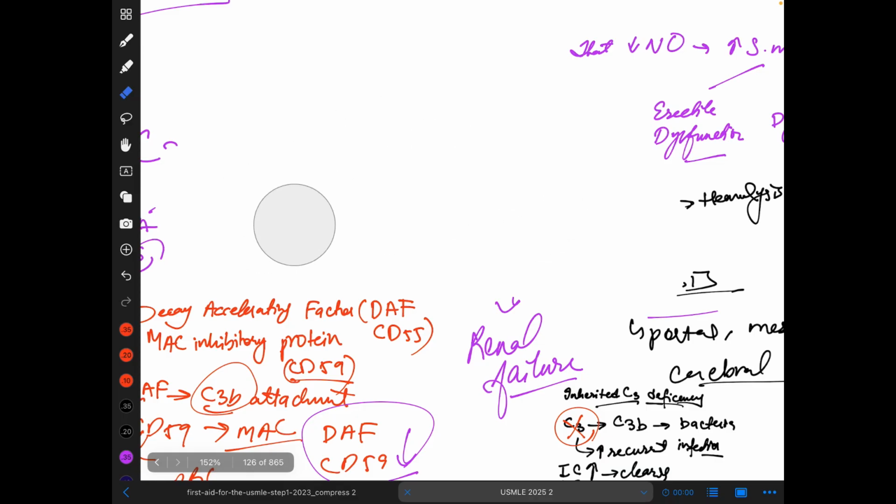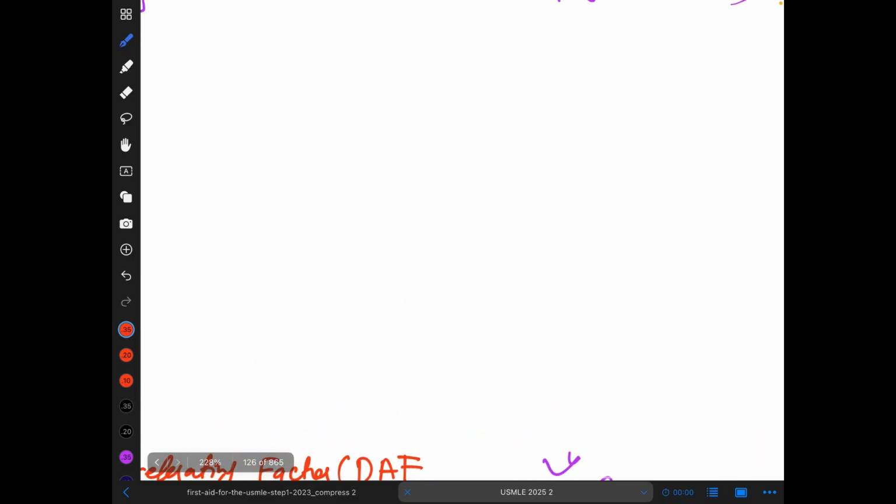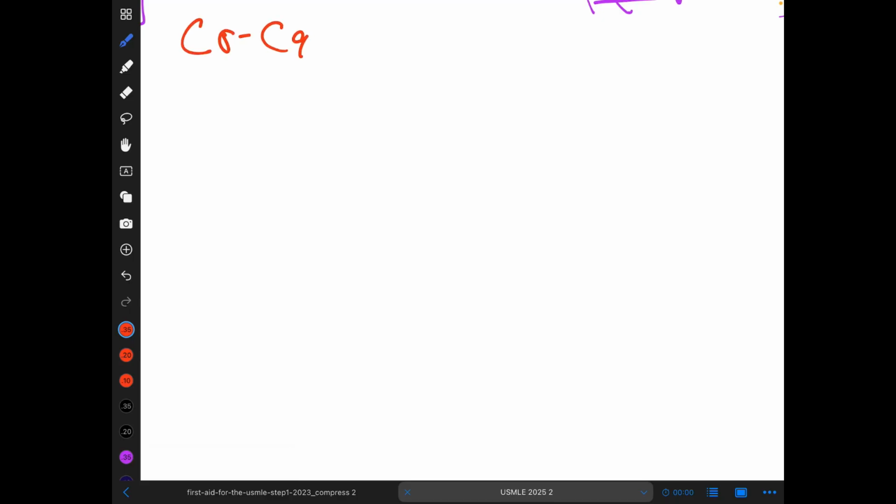Secondly, if we talk about the late complement system, like deficiency of C5 to C9, the terminal complement pathway, compared with C3 deficiency. If there is a deficiency of C3, there will be more destruction in the body. But if C5 to C9 are deficient, the body still has C3.